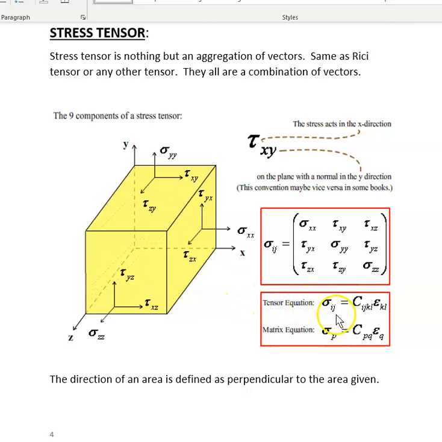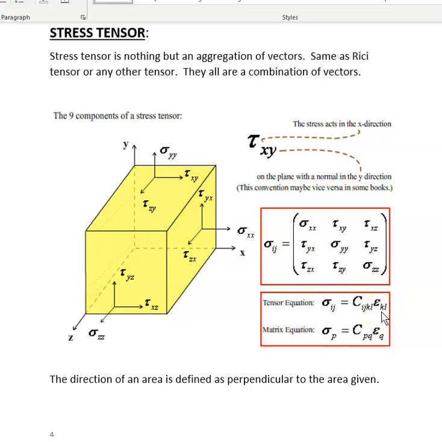And tensor equation is sigma ij, that would be the stress, and epsilon is the strain. And here ij means first i is the direction and j is the area that it is acting upon. And this force or this stress can affect any strain, can affect any direction. So if you take this stress, this could affect strain in this plane or strain in this direction or any other plane.